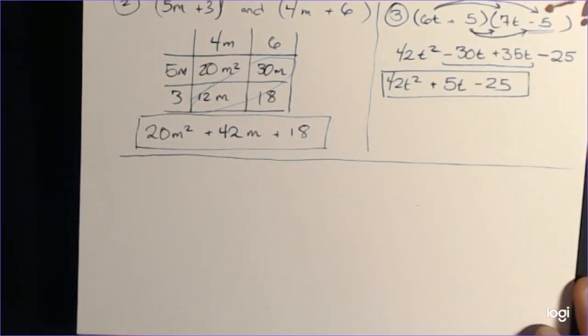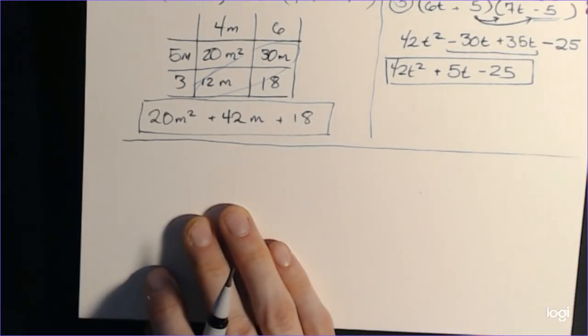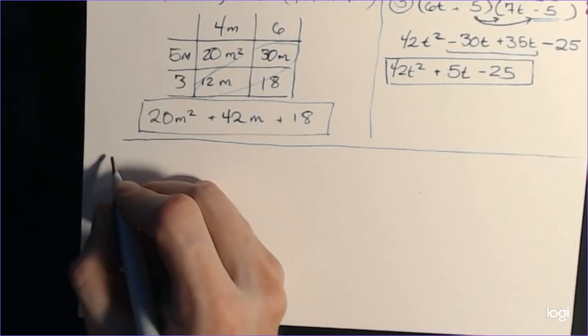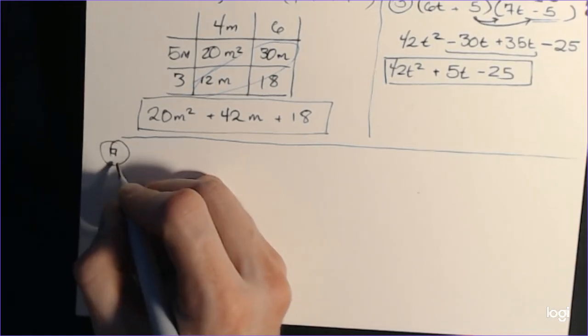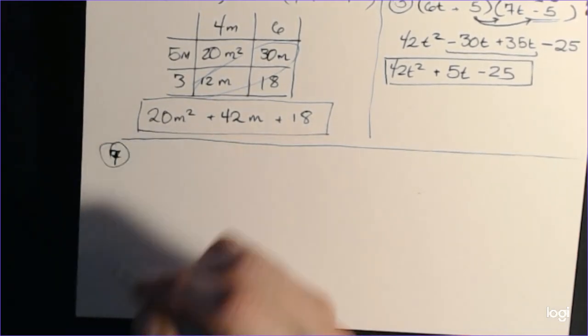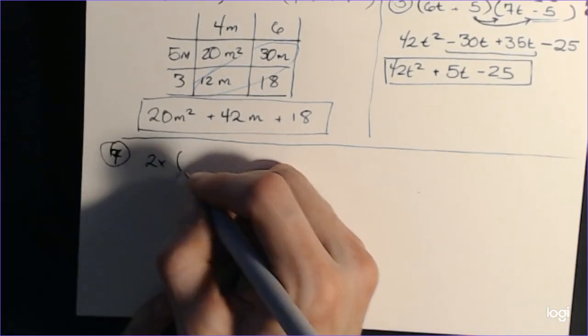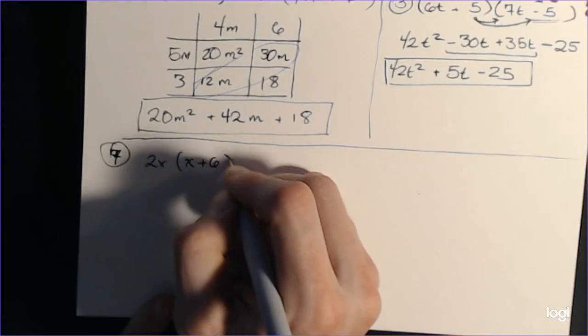Now I'm going to jump down to the bottom of page 106 and look at number 7. So we have 2x times x plus 6.